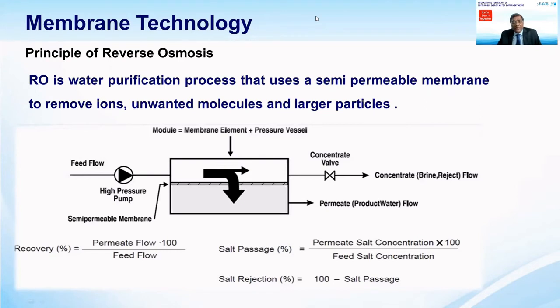Salt passage, you can define as the permeate salt concentration. Permeate means product. In product, how much salt you are having, divided by the feed concentration of salt into 100. These are the two main terms which we normally use in the RO plant.